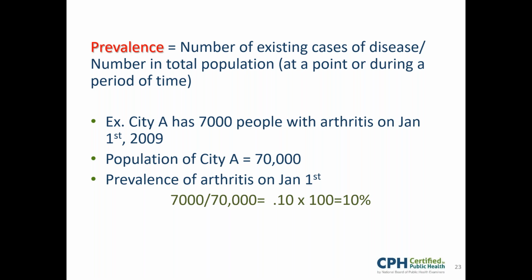The population of City A is 70,000. Therefore, the prevalence of arthritis on January 1 of that year would be calculated using 7,000 over 70,000, which gives us 10%. So in this hypothetical scenario, approximately 10% of the population has arthritis. Next slide, please.